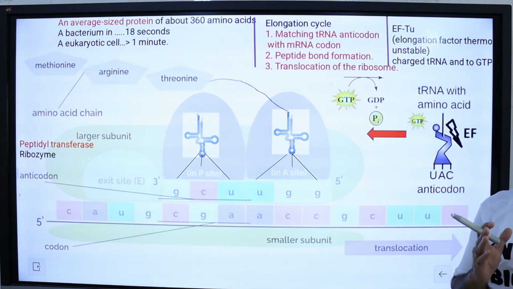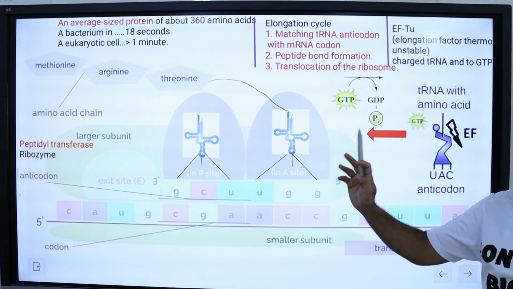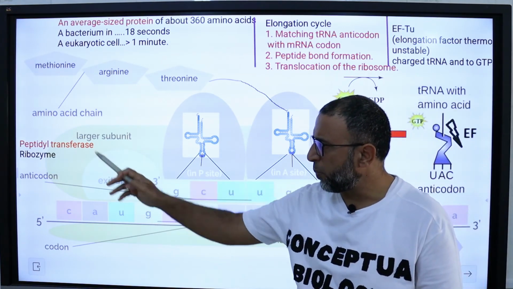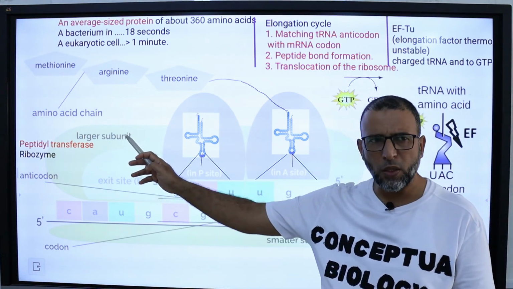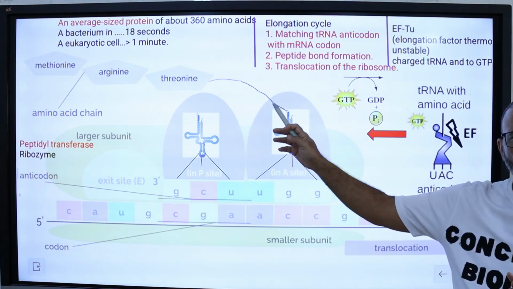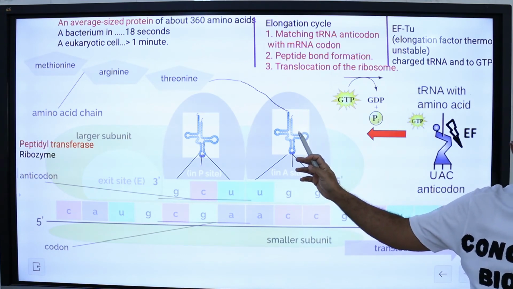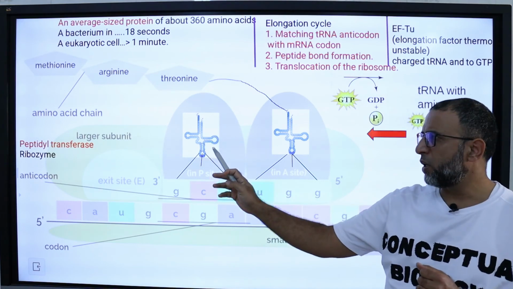Second step is peptide bond formation, which requires one enzyme called peptidyl transferase. This enzyme is located in the large ribosomal subunit, and it catalyzes the formation of a peptide bond between the amino group of the amino acid in the A site and the carboxyl group of the growing polypeptide chain in the P site.